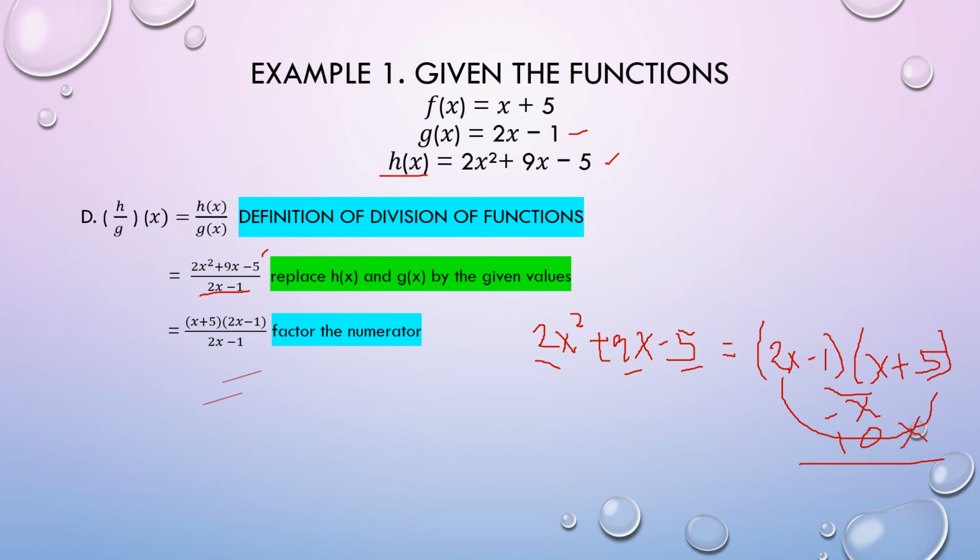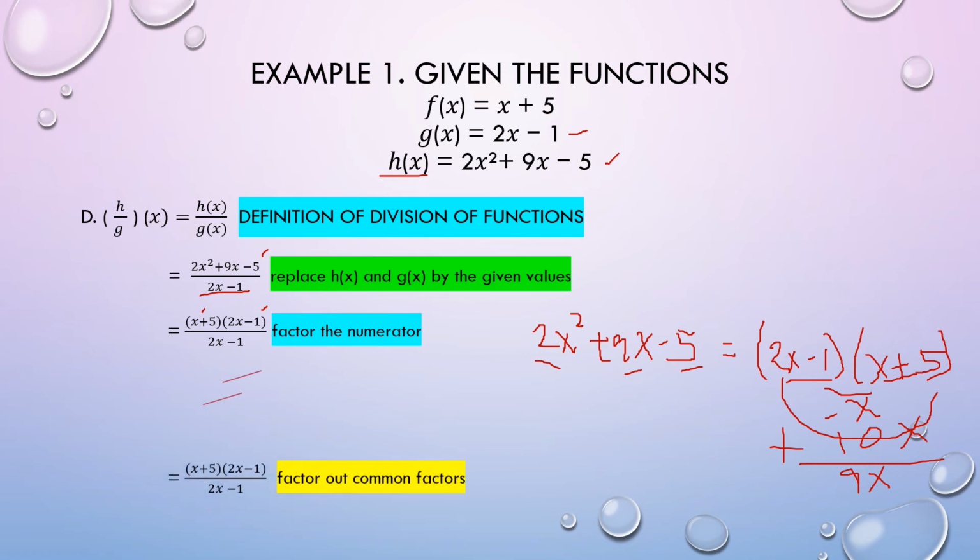Okay, so if we're going to add the two, we have negative x plus 10x is equal to 9x. And so we got the correct combination. Okay, so we have here 2x minus 1 and x plus 5. We have here x plus 5. And divide it with g, function g, which is 2x minus 1.